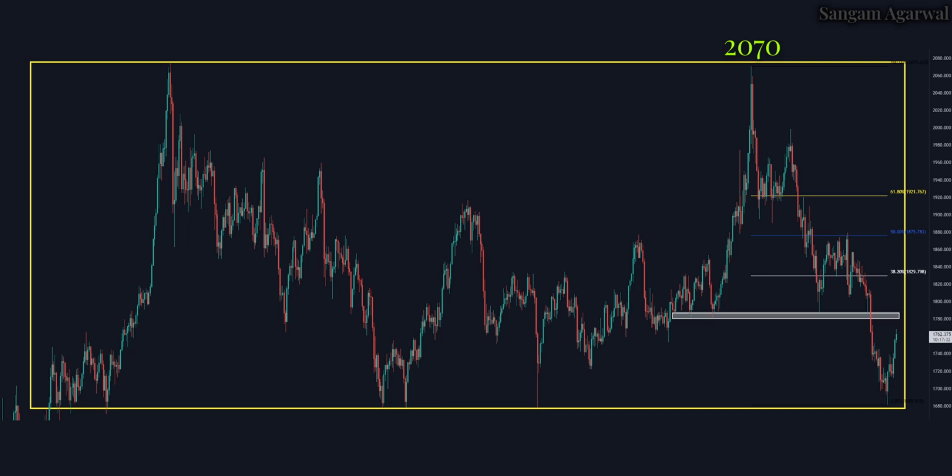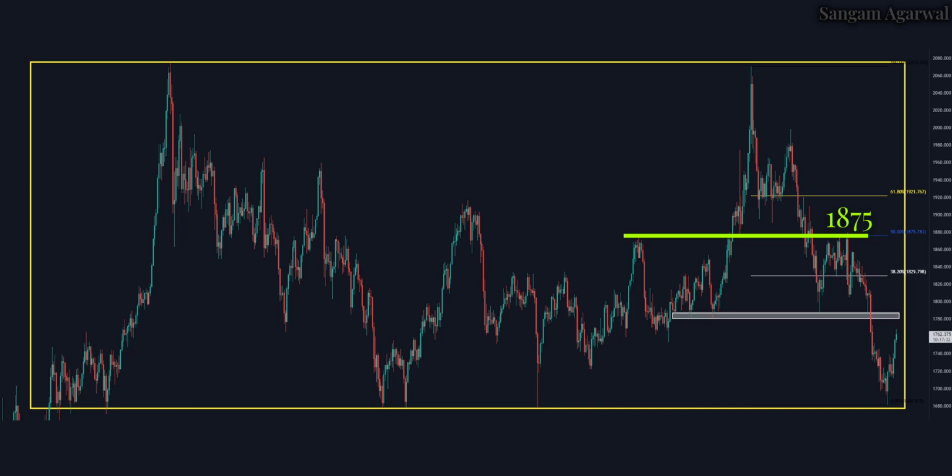So currently we have 1680 support and next resistance 1786. If this level breaks on the daily time frame, then the next major resistance is 1875, which is the 50% retracement of this complete trend.